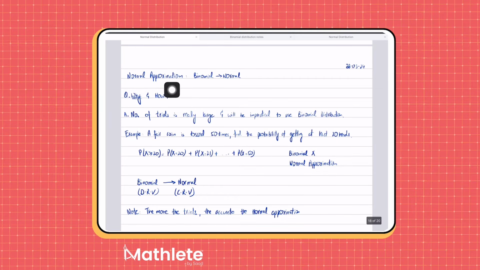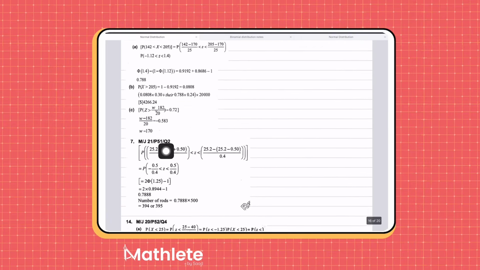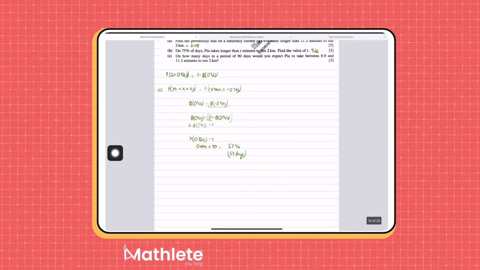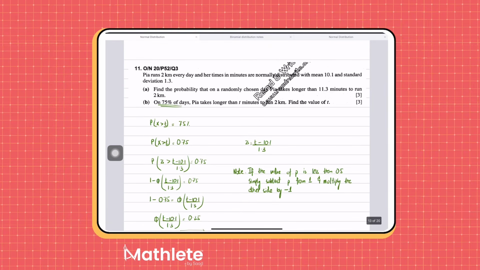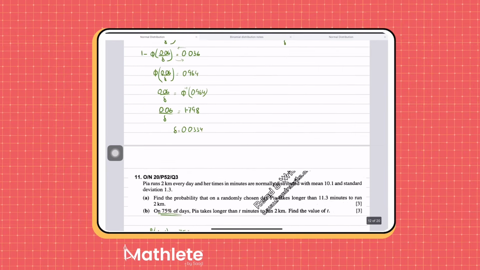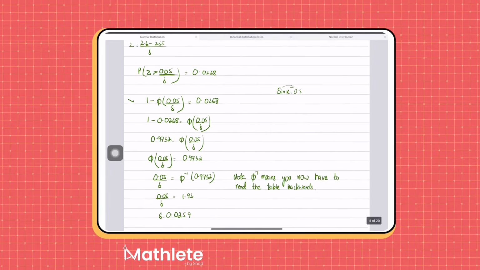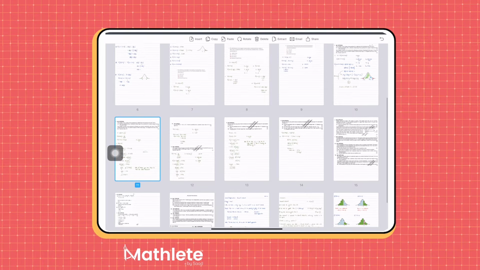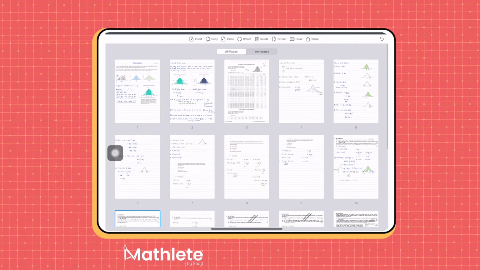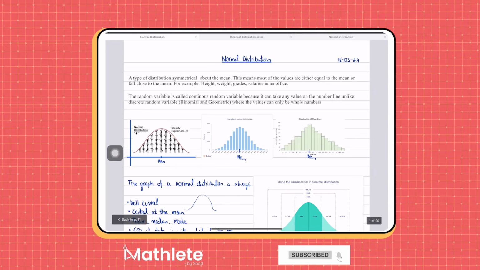Notice how this is not normal distribution. Earlier we did normal distribution. The reason this is called normal approximation is that we're taking binomial distribution and converting it to normal distribution, and because it's not going to be 100% accurate, we call it normal approximation.